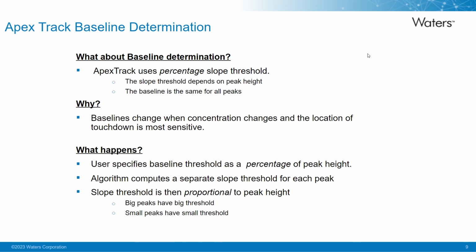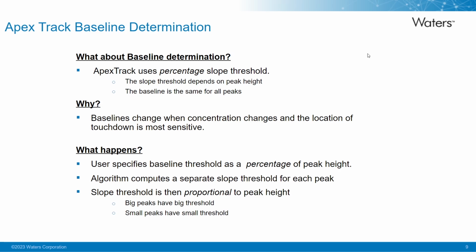Now, one of the things about Apex Track is that it decouples the detection part from the integration part. So once we've detected our peaks, we need to draw baselines under those peaks so that we can get areas and heights and retention times and so forth. So there are two separate parameters that control how those baselines are drawn in, and how that baseline is determined is detailed here on the slide, but essentially it uses a percentage slope threshold.